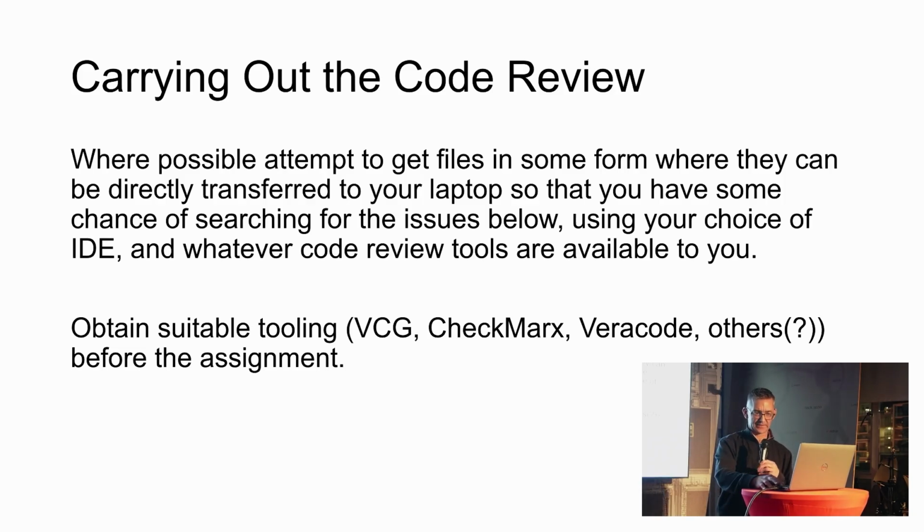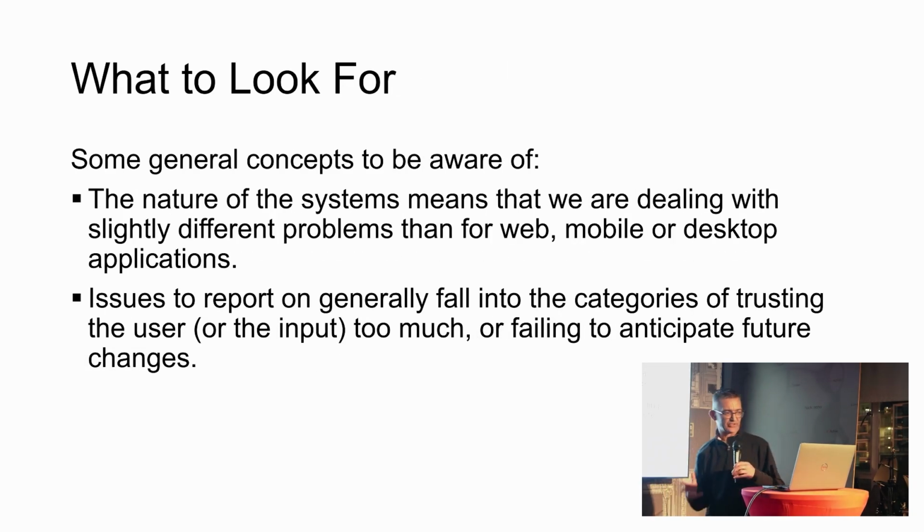There are a few tools out there that will scan the code and report some errors. Part of the reason it's good to have a tool is that some of the things you'll be looking for would be mismatched field sizes on the data types, which lend themselves more to automation. But the kind of things you're looking for are in some ways quite different from web and mobile stuff.